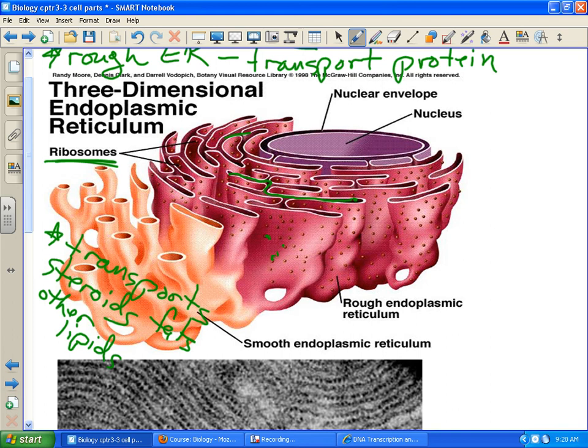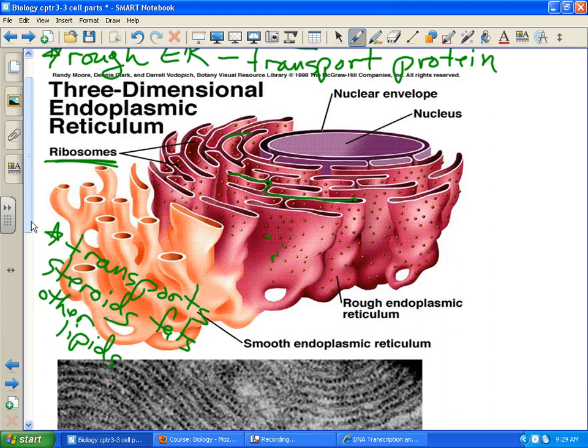And I think an easy way to remember that smooth transports those is think about grease and oil, and you get it on your hands. The smooth ER still transports, but it's transporting these things, not protein. Okay.